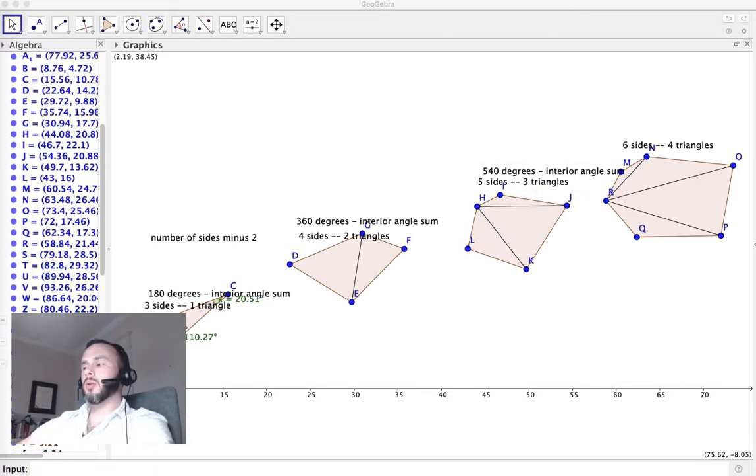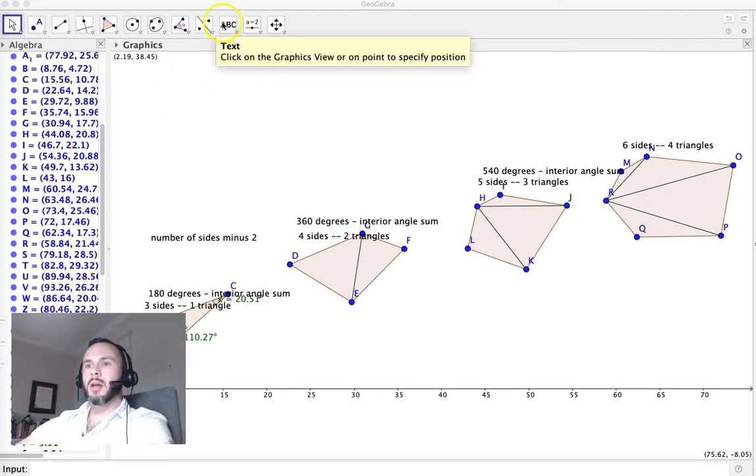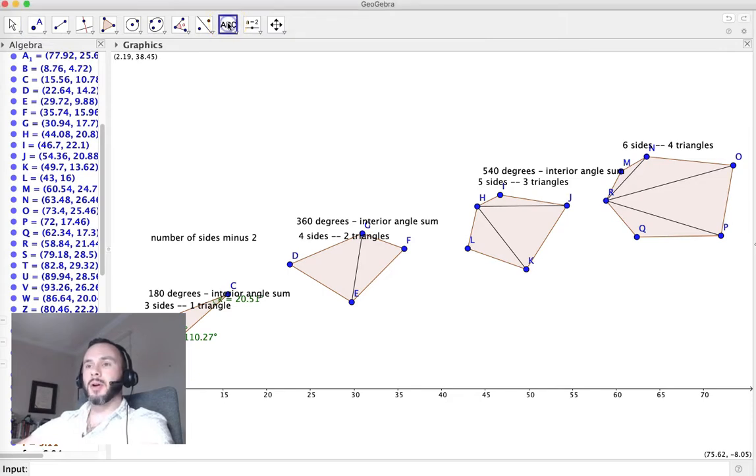So we need to generalize this and say what the formula is. So we can do that here.